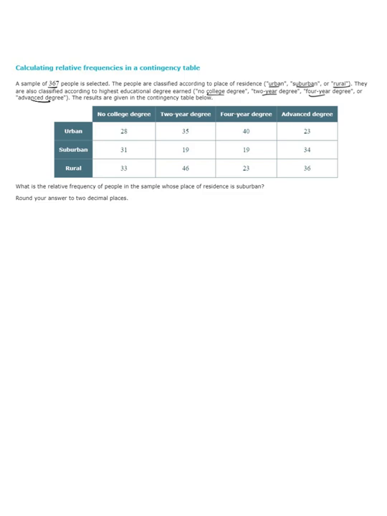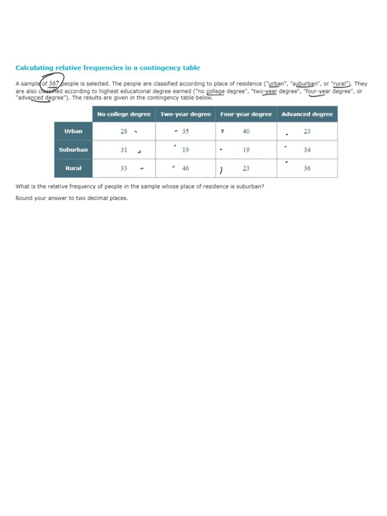The results are given below. If we took all 12 of these numbers and added them up, we should get 367. The question is, what is the relative frequency of people in the sample whose place of residence is suburban?